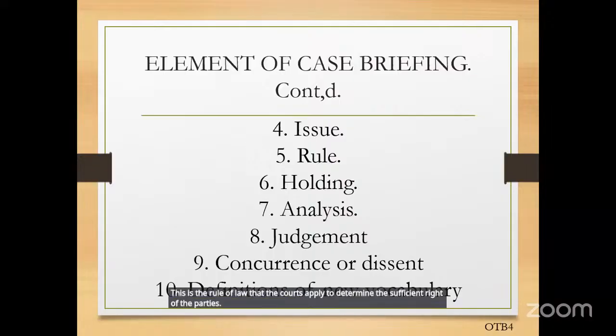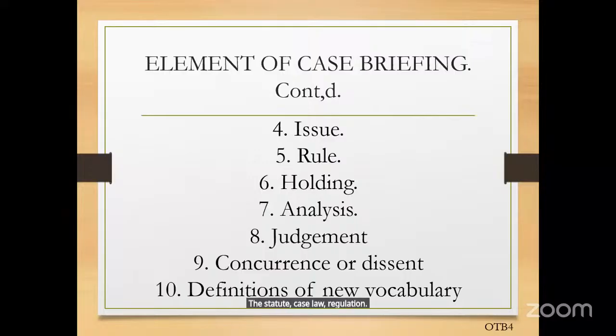We've also discussed this one extensively. It can include the statute, case law, regulation, or other similar materials or items. So the rule or legal principle may be expressly stated in the opinion, or it may be implied.